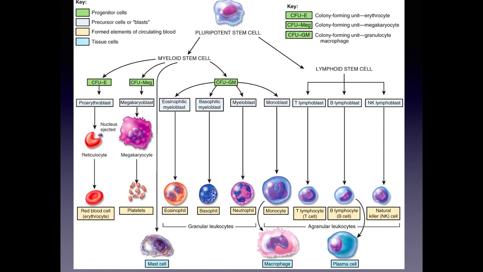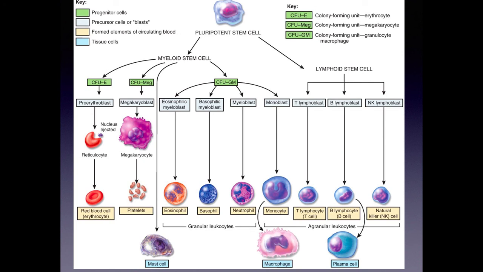When you consider this process of hematopoiesis, which plays out within the red bone marrow, it all begins with, or relies upon, the presence of a cell type called a pluripotent stem cell, and you see that at the top of your screen there. That pluripotent stem cell is an undifferentiated cell, meaning it hasn't quite figured out what it wants to be yet, and it's located in red bone marrow.